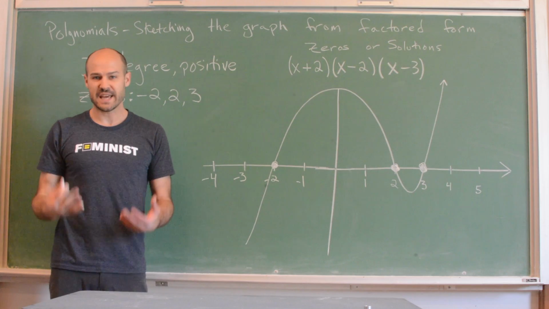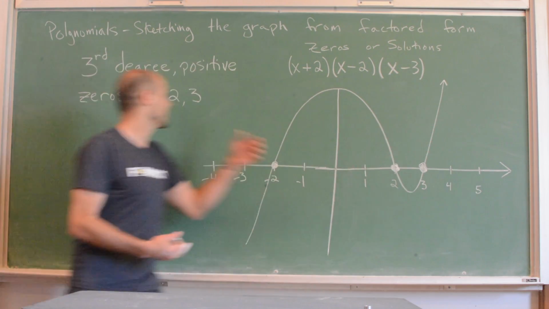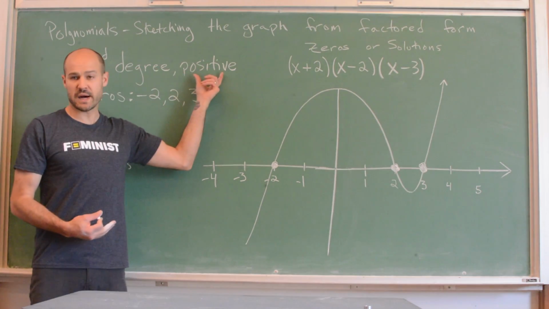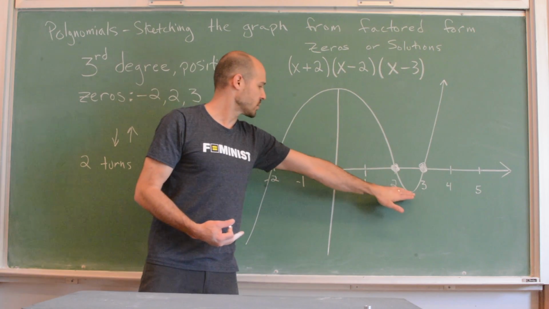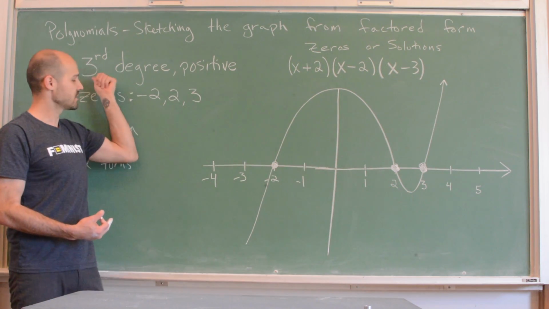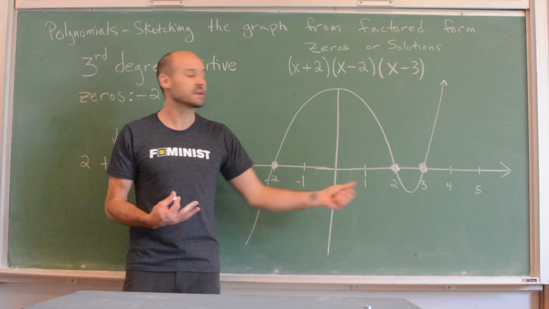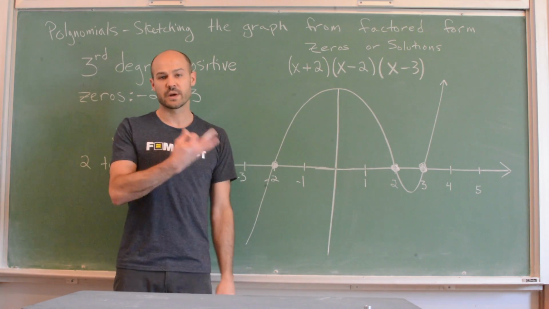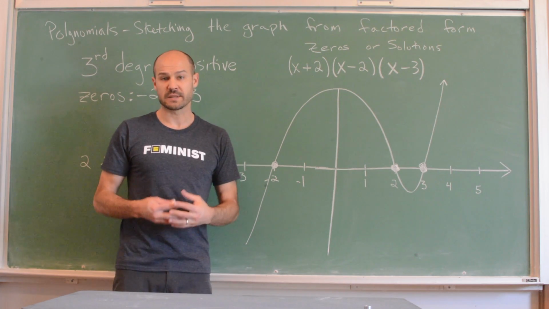So the graph sketches very simply. We figure out our end behavior based on classification and whether it's positive or negative. We also determine how many bumps or turns there are based on classification. And then we use that information and the 3 zeros we found to sketch the graph. We're going to end up something like this when we sketch the graph of a polynomial from its factor form.